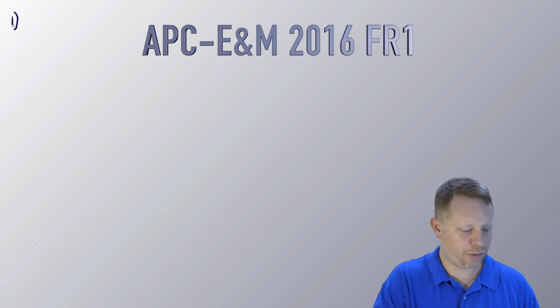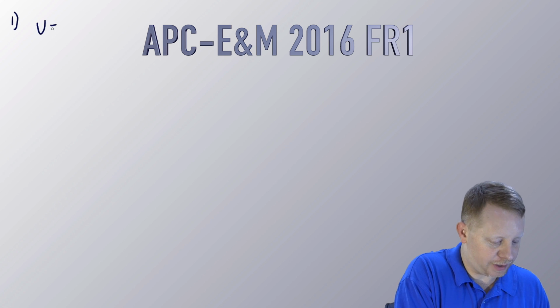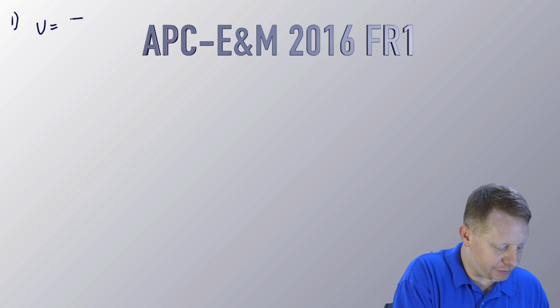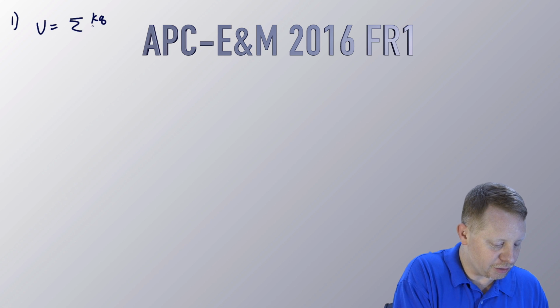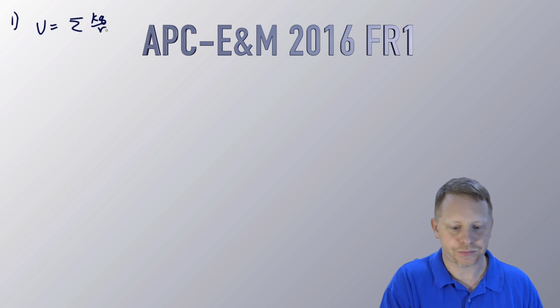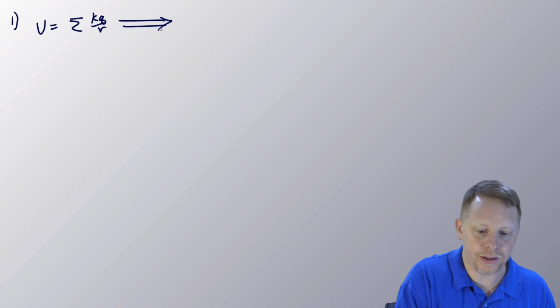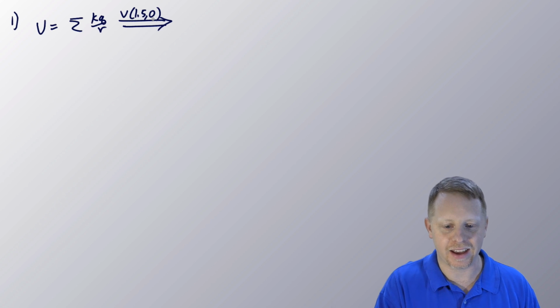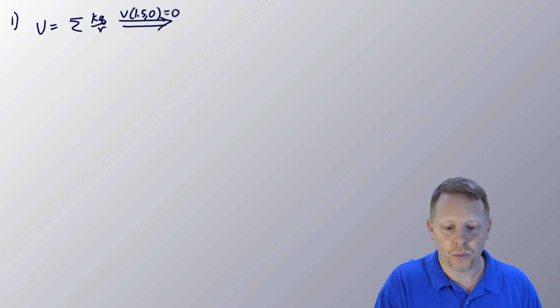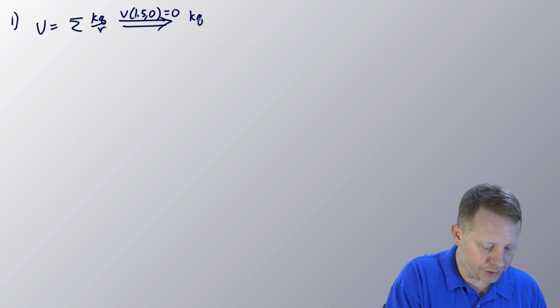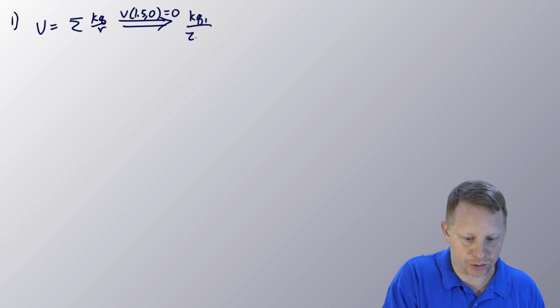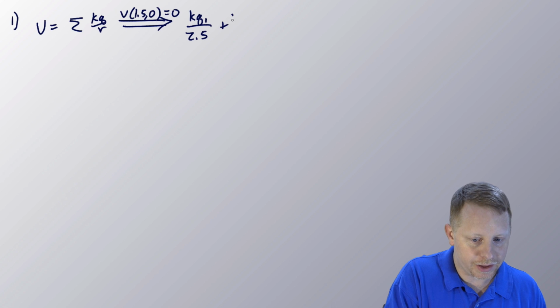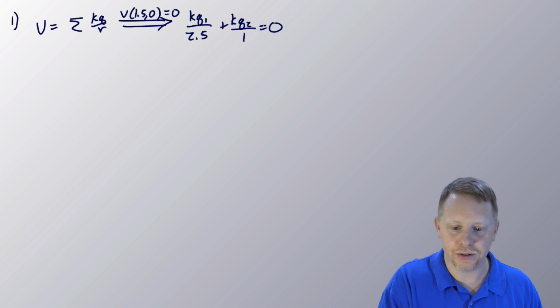Well, to do that, I would recognize that electric potential, our voltage there, is going to be the sum of kQ over r. And if we use the point where we know that the potential at 1.5, 0 on the x-axis is equal to 0, we can then write that kQ1 over its distance from our point, 2.5, plus kQ2 over its distance, 1, equals 0.